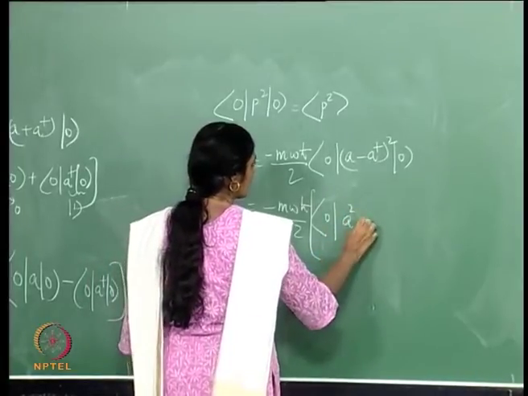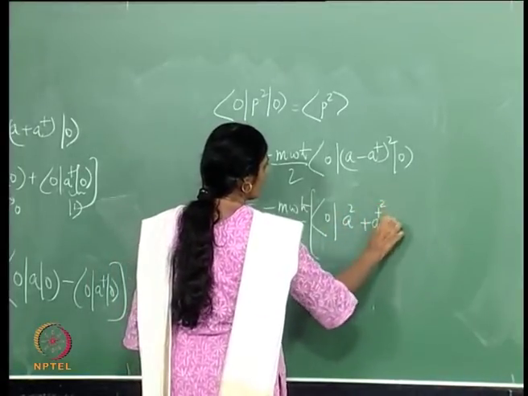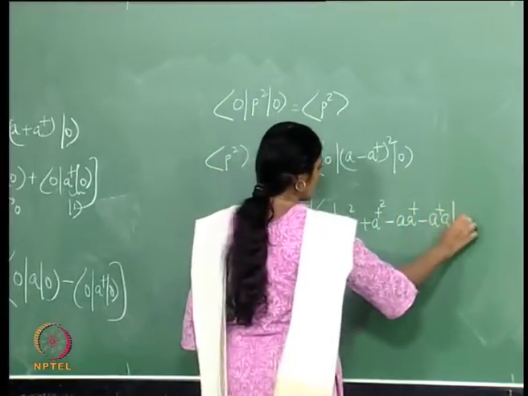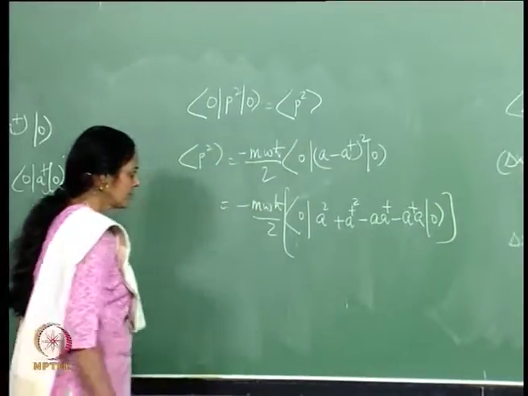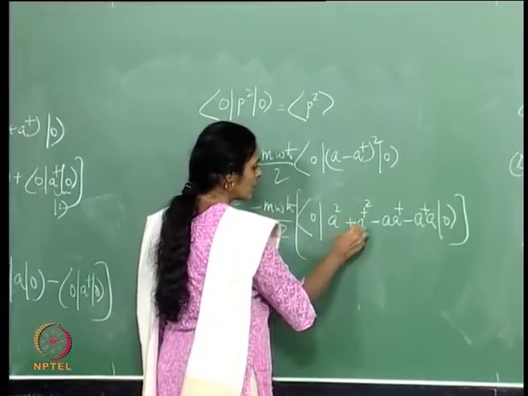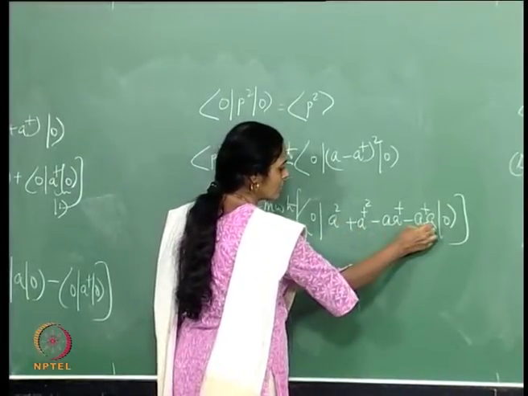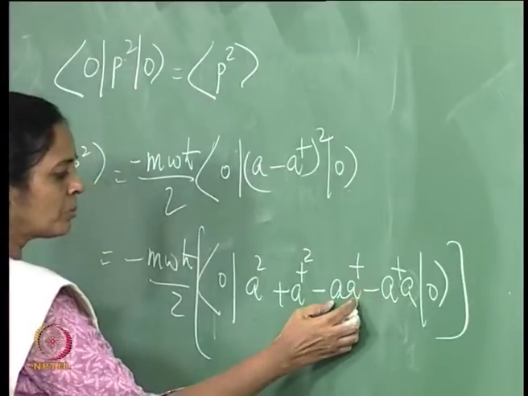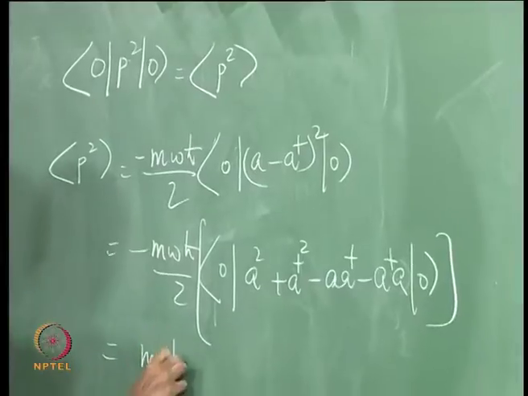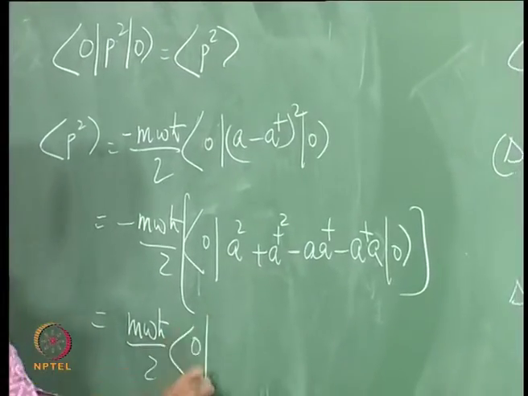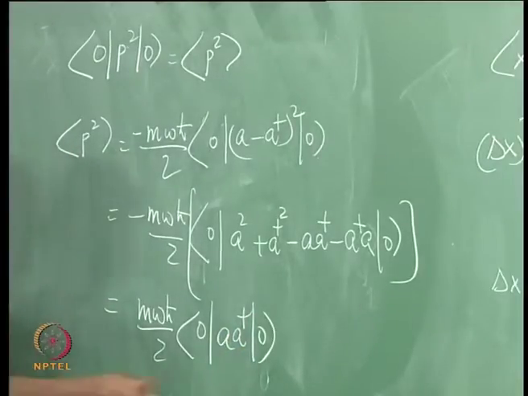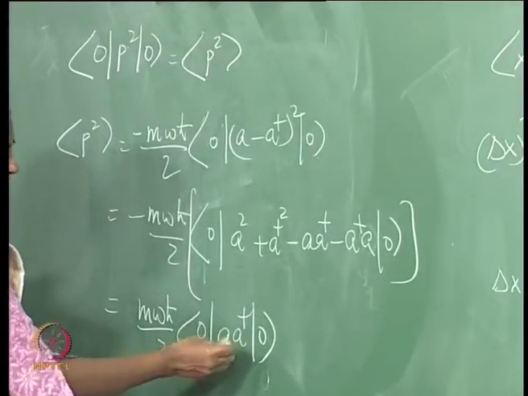That is an a squared plus a dagger squared minus a a dagger minus a dagger a. As I have already argued, this does not contribute, this does not contribute, and that does not contribute. The only object that contributes is here. I can always put this as plus m omega h cross by 2 expectation <0|a a dagger|0>, and we just saw that that was 1.